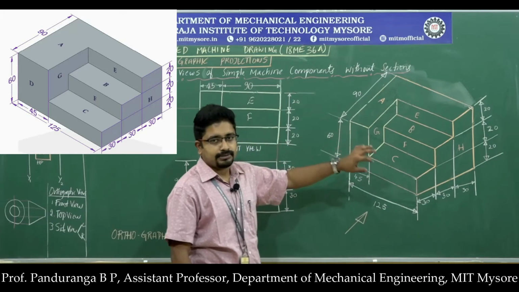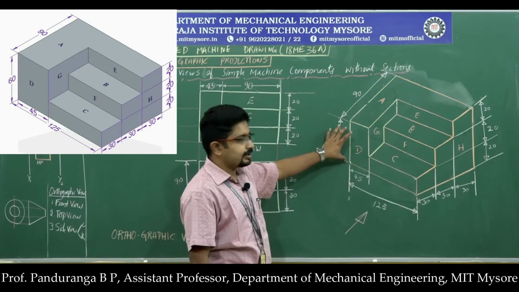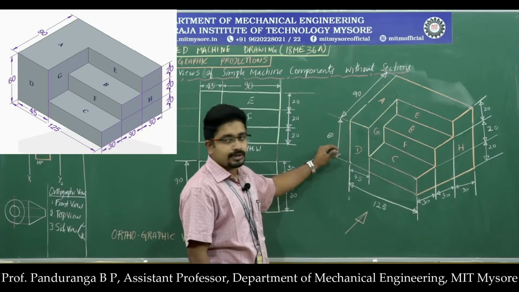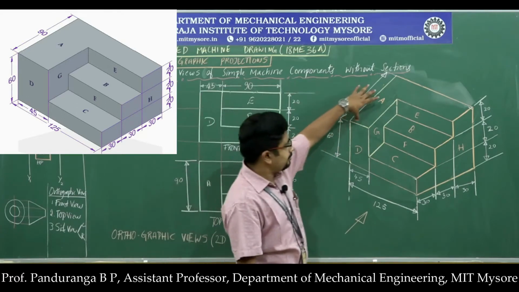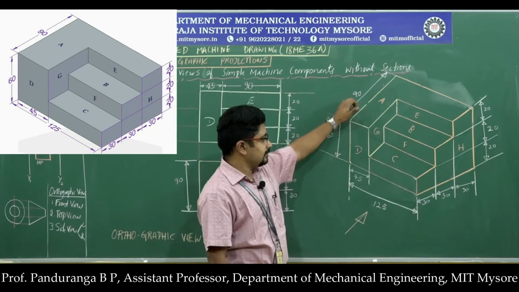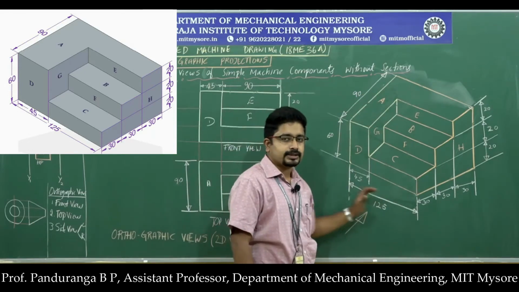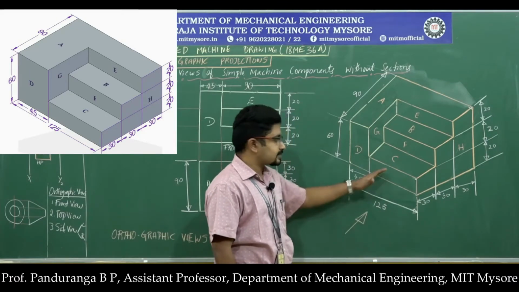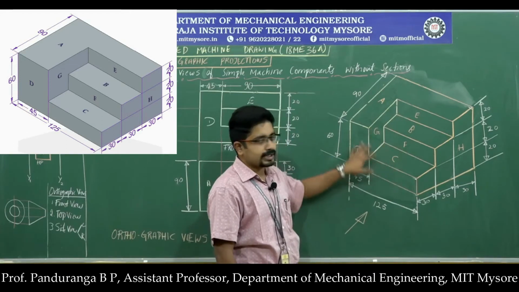Now let us look at the dimensions. The height of this prism is 60 millimeter, the breadth or the depth of this prism is 90 millimeter, and the width of this is 125 millimeter. When I am looking from this orientation, I can see the maximum surfaces.